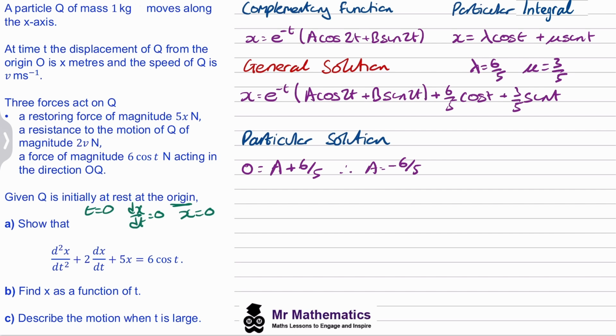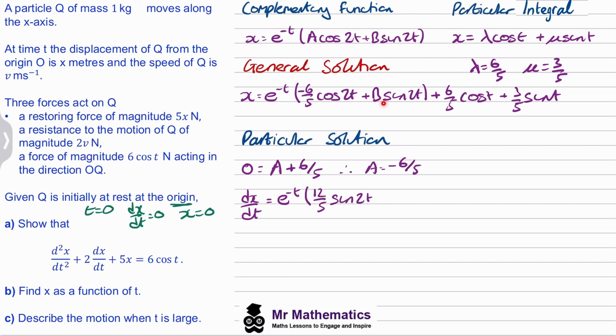And then to work out b, we'll replace this a with negative 6/5, and we need to differentiate x to use this initial condition. So dx by dt, using a product rule here, we'll let this equal our u term, and this will be the v term. So we'll have u times dv. When we differentiate this, we get 12/5 sine 2t.